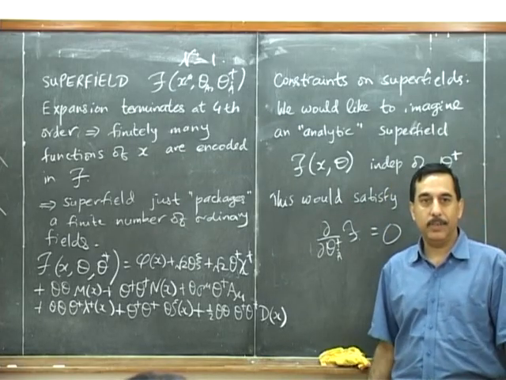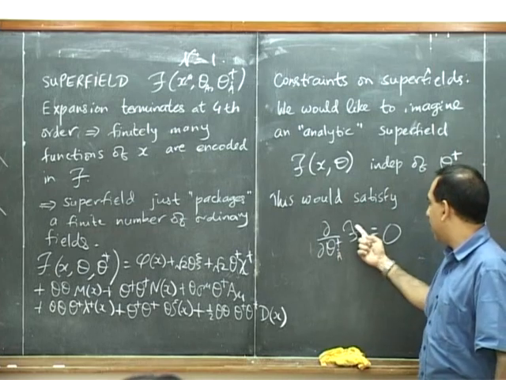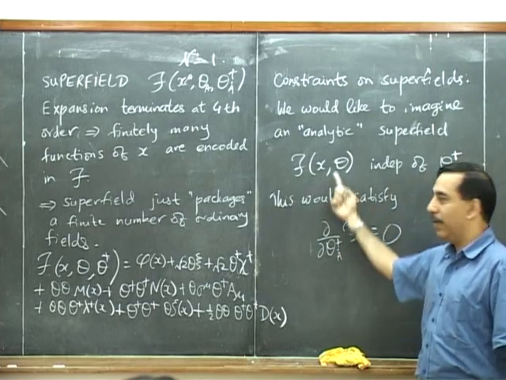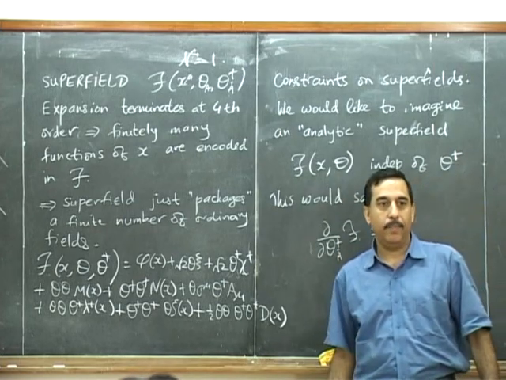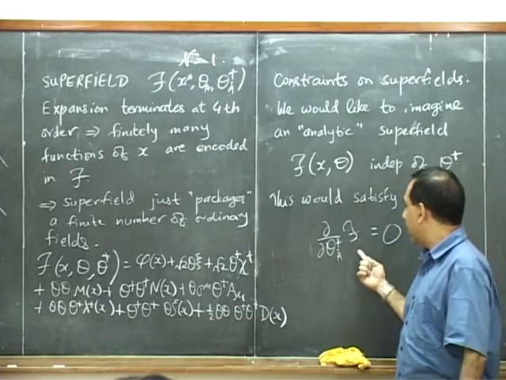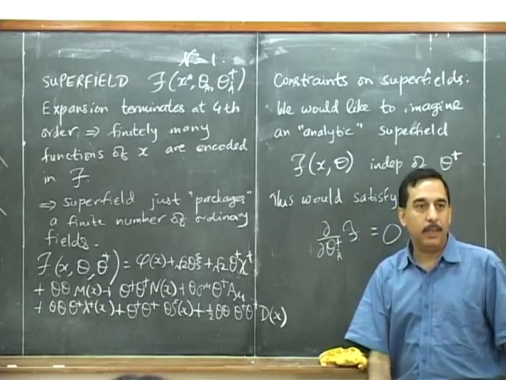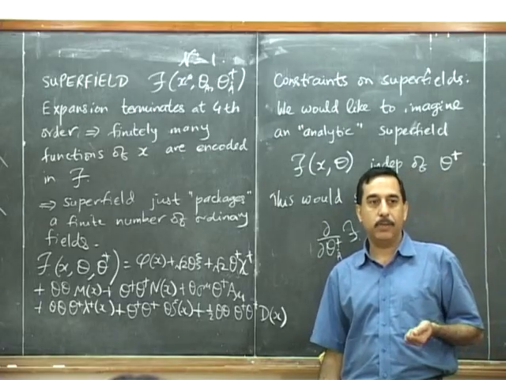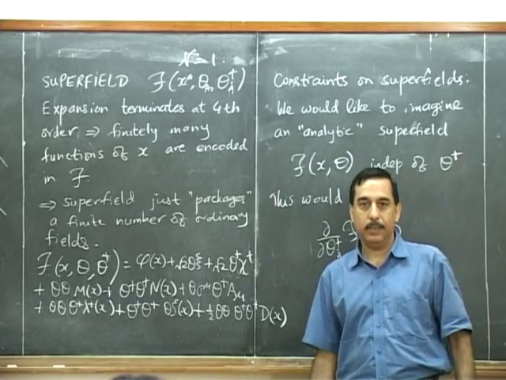Okay, it's the same statement. If del by del theta dagger on F is 0, then it is a function of x and theta only. Of course F is complex, so under this condition F would depend on x and theta, while F dagger, its own complex conjugate, would depend on x and theta dagger.